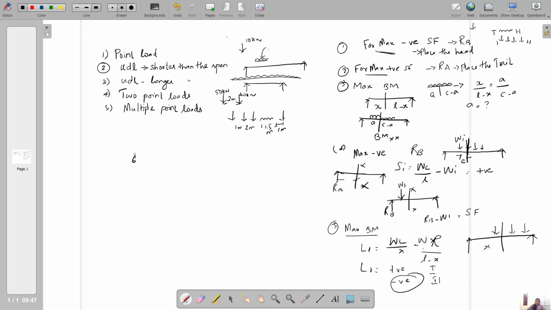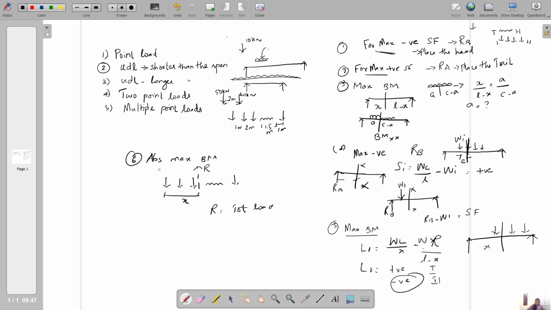So place the critical load at this section, and calculate the maximum bending moment. Next one, absolute maximum bending moment. So what is the criterion? Consider all the loadings, including the UDL, and mark the resultant R, equal to the total load, at a distance x.